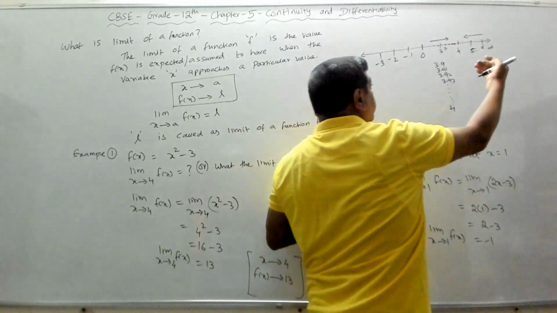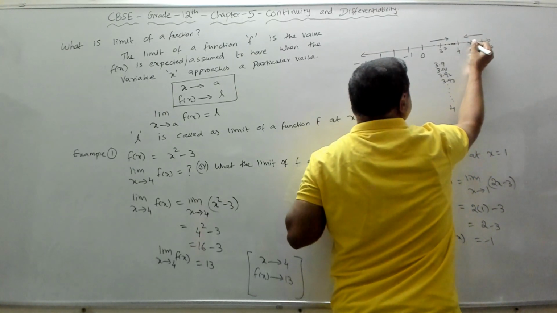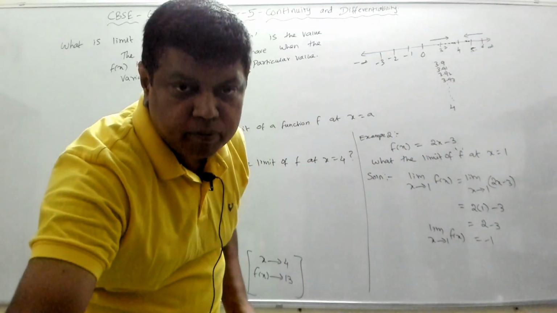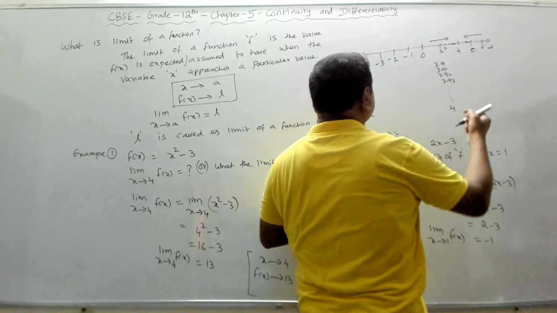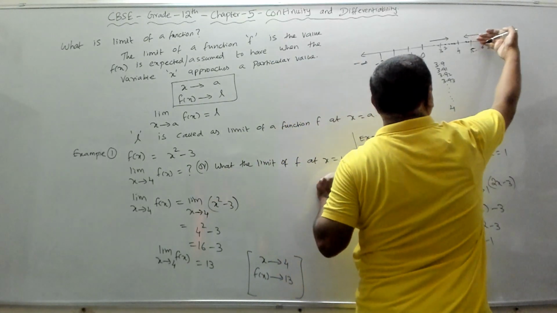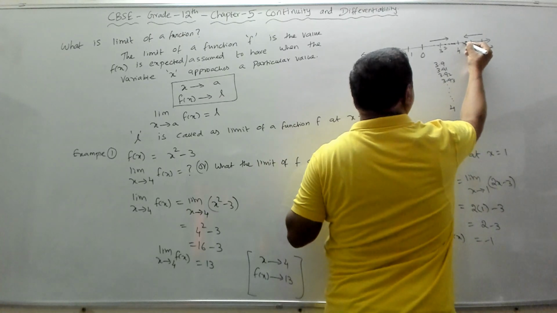When you approach 4 from the right side, from this side, we will approach like this. This value maybe 4.9, 4.8, 4.7, like that. So when we approach 4 from the right side of 4, the values will be greater than 4.